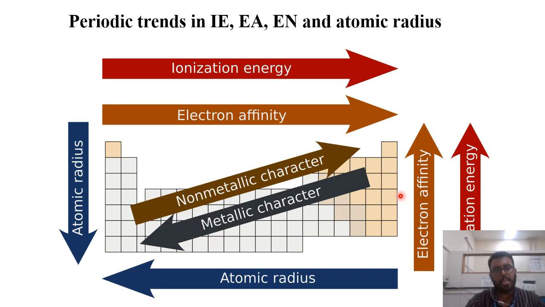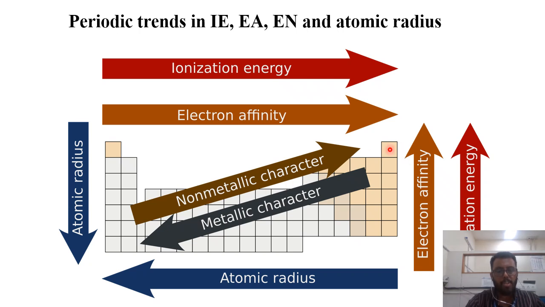That we already discussed. Ionization energy increases in the period as well as in the group, and electron affinity increases along the period as well as group. Metallic character increases from noble metal to, for example, s block elements. Non-metallic character increases when you move from alkali and alkaline earth metals to noble gases.